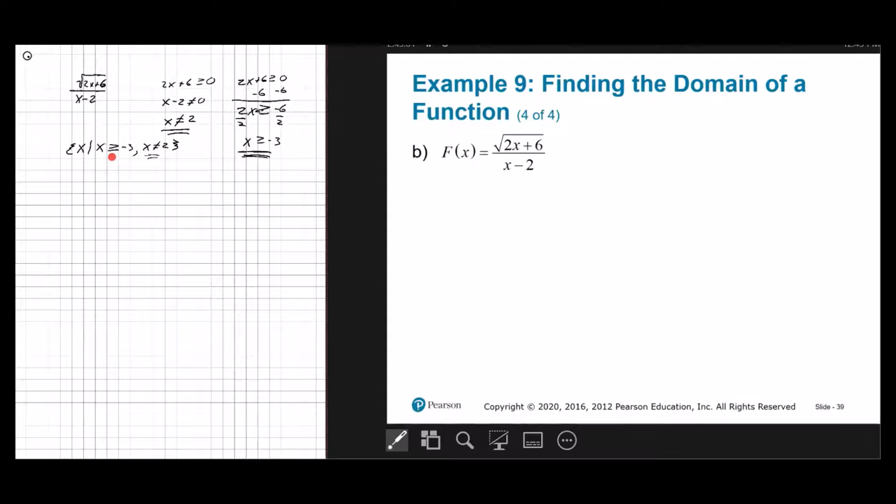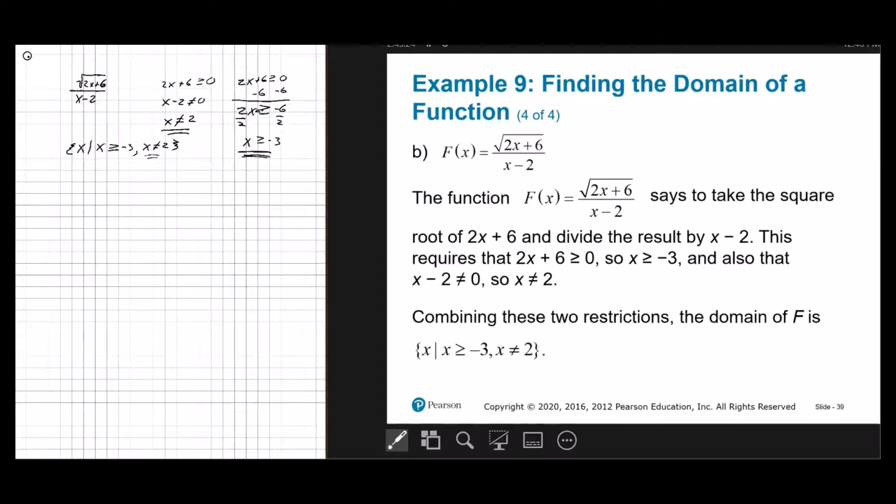Because positive 2 is greater than negative 3, but I can't use 2 in the denominator because that'll give me 0 down there, and the function does not exist at 2. So that's what they did. They did the same thing, only they didn't show you how they got those things. So the domain of f, oh, it was a capital F. Yeah, doesn't matter.